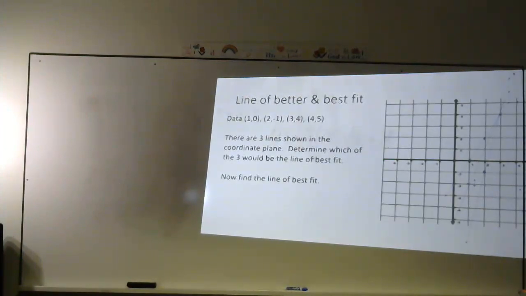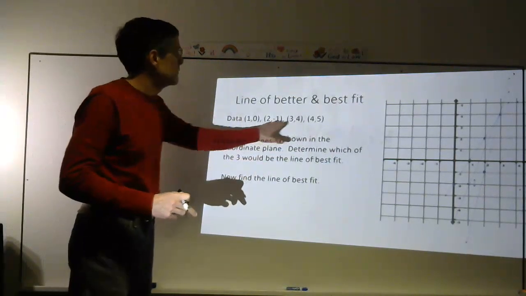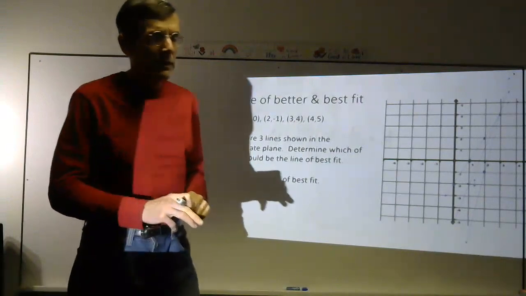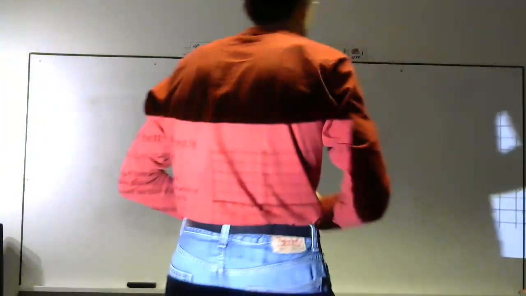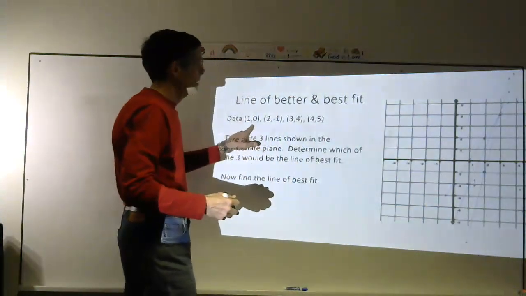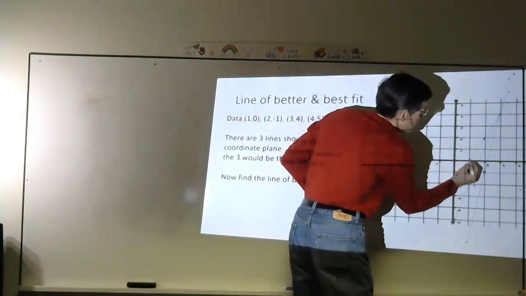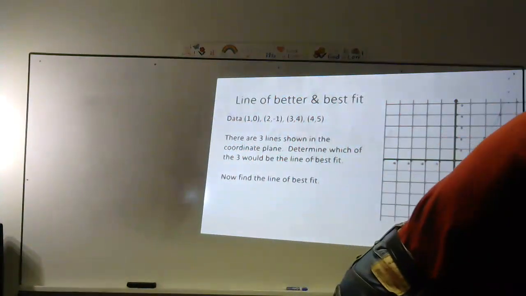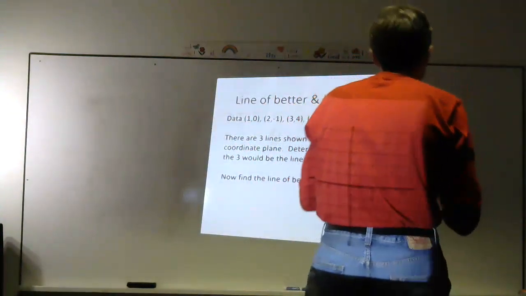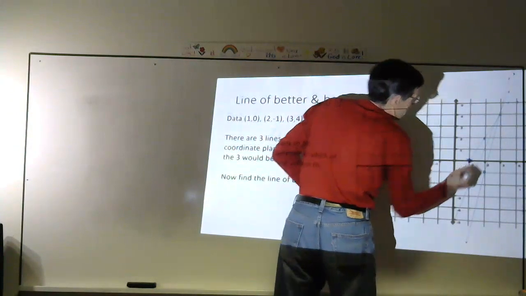All right, now here, what we have is a similar situation. I've got 4 items of data. Over here, I have the data, 1 and 0. So there's a data value right there.